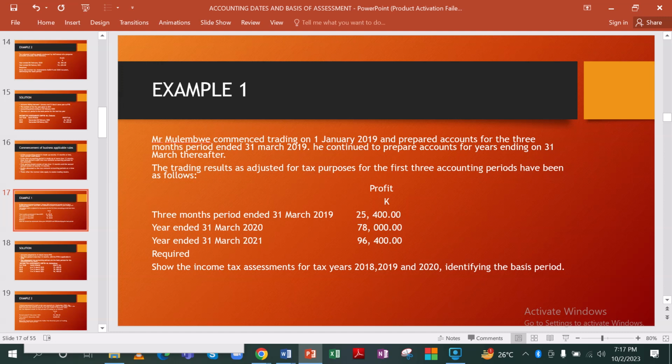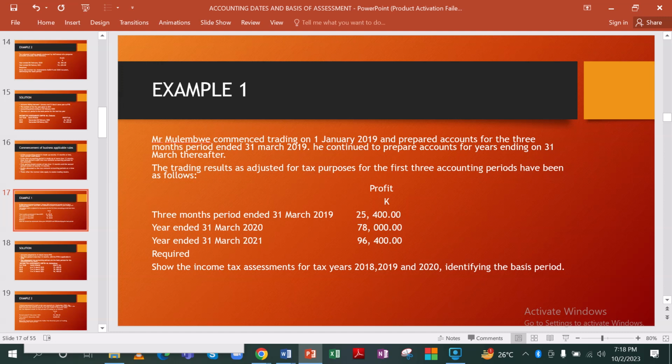According to the rule, we use the preceding year basis, meaning the profits of 78,000 will be assessed in the tax year 2019. We always lag a year behind in this case.